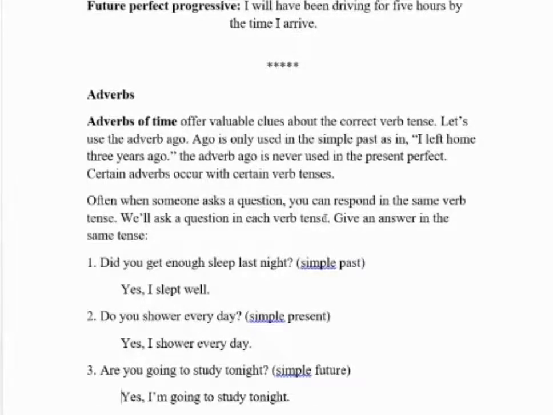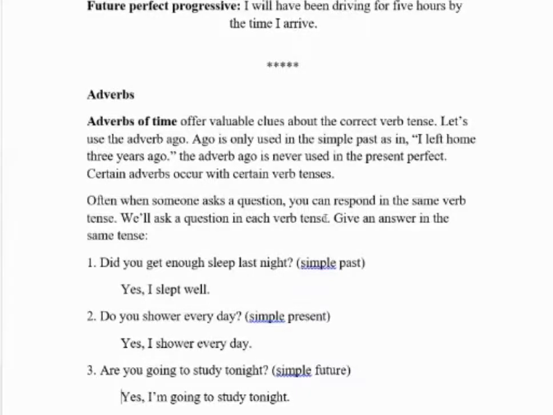Ago is only used in the simple past, as in I left home 3 years ago. The adverb ago is never used in the present perfect. Certain adverbs occur with certain verb tenses. Often, when someone asks a question, you can respond in the same verb tense.